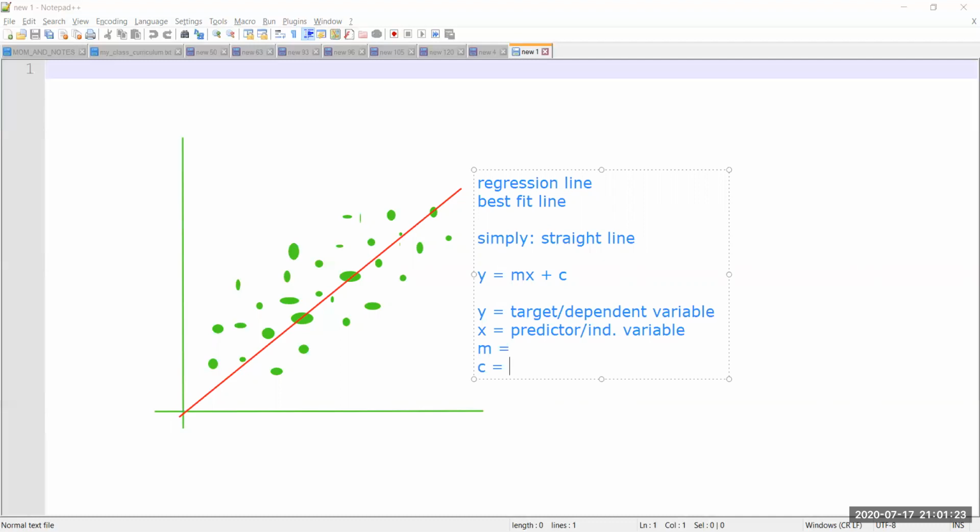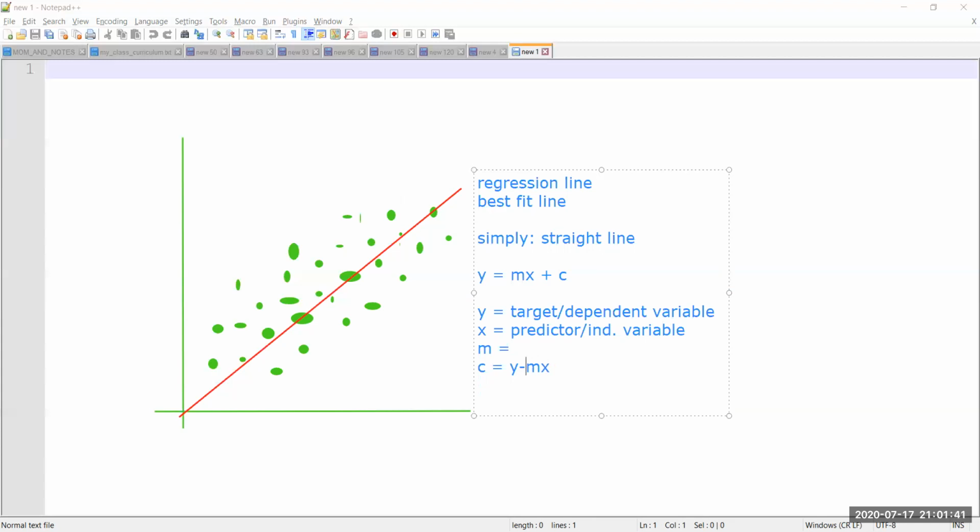What is c? If you would like to solve this equation here, what is going to be the value of c? c is going to be y minus mx, right?